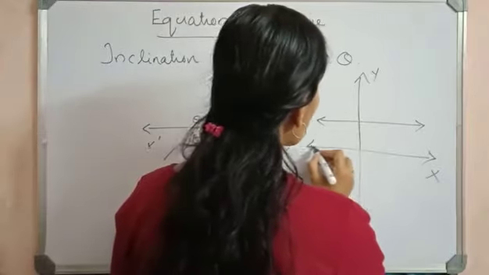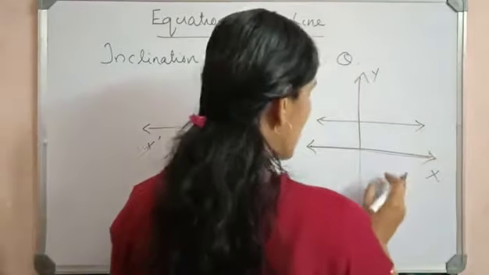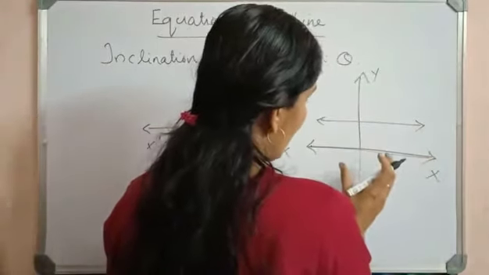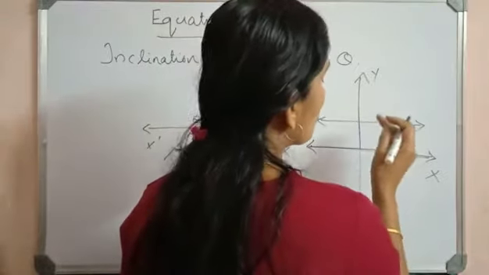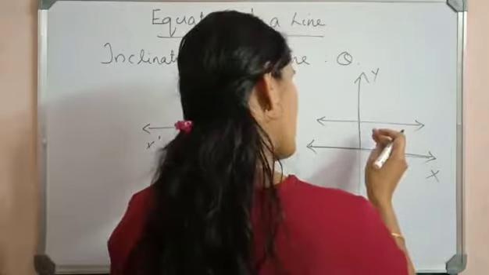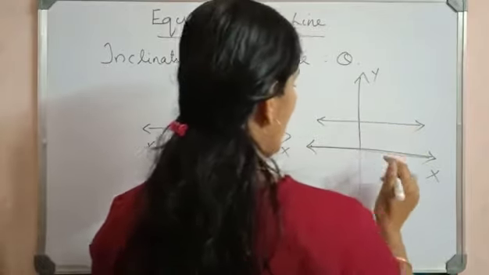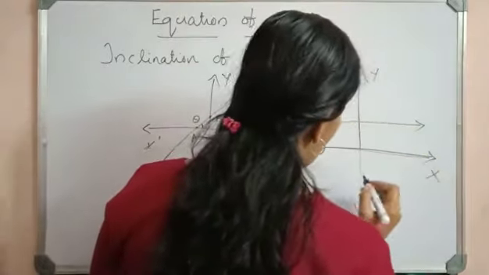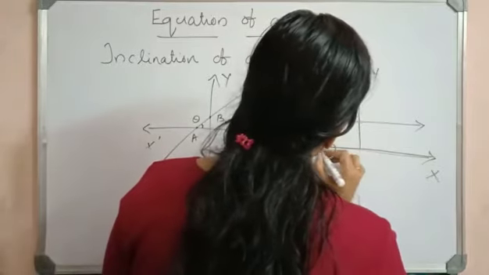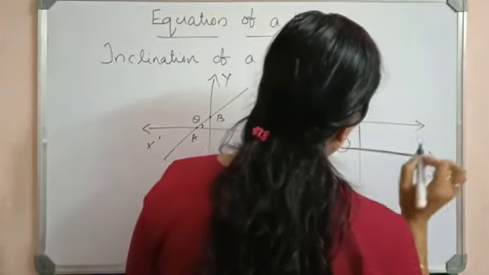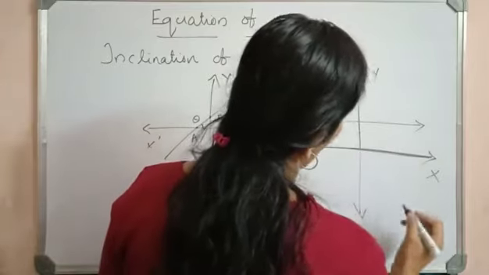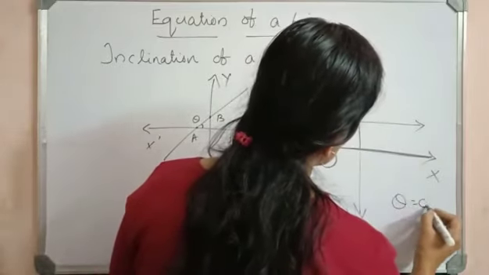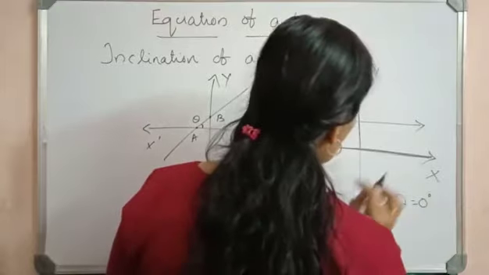As we have seen, theta is measured from the x-axis, whether clockwise or anti-clockwise. When you are considering the x-axis itself, we don't have any value for theta here. Therefore, theta is equal to 0, or the inclination is 0 degrees.